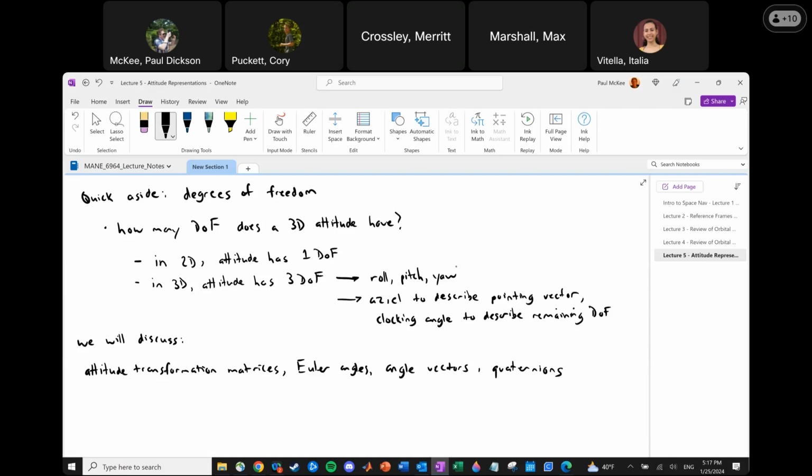And we'll talk about how to map between all of those. So if you know the angle vector, you can also find the attitude transformation matrix, and you can also find the quaternion. Same idea. Okay, great.